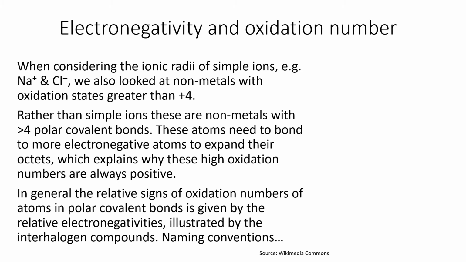And so, by this logic, fluorine, which is the most electronegative element, is always going to have a negative oxidation number in compounds, because there's nothing more electronegative than fluorine for it to bond with. The only time it's not negative would be in the fluorine molecule, F2, when it's bonded to itself, and that would be a pure covalent bond, and it's elemental, so it'd be oxidation state 0.